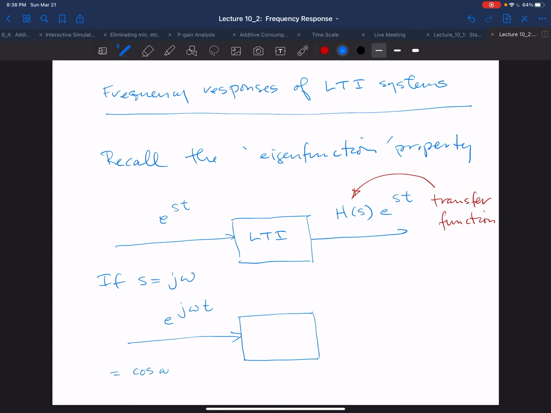It's cosine omega t plus j sine omega t by the Euler identity. And by this eigenfunction property, what we get out as a response is the same sinusoid, except it is multiplied by the quantity h of j omega. Now, for that reason, this quantity h of j omega we call the frequency response.